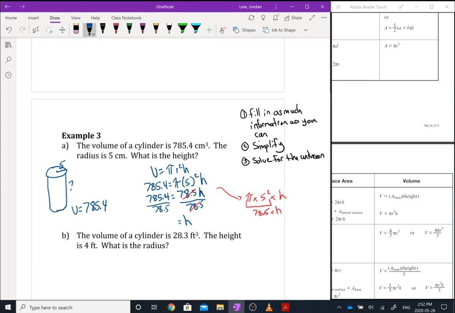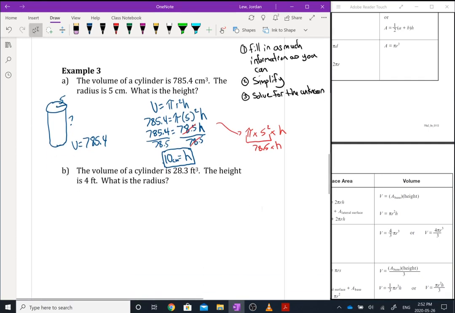And if I do that, I get, rounding basically, a height of 10. And more specifically, because it is just one side or one unit, it's just 10 centimeters. So the height is 10 centimeters.